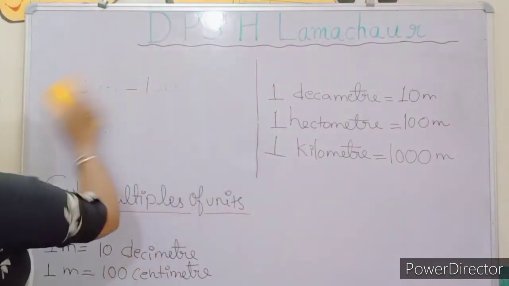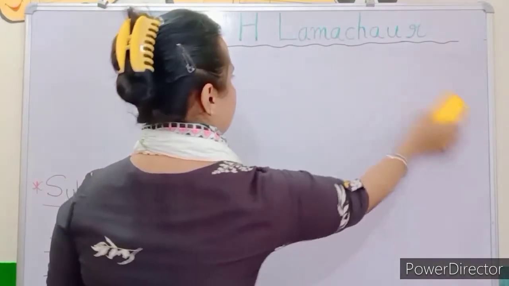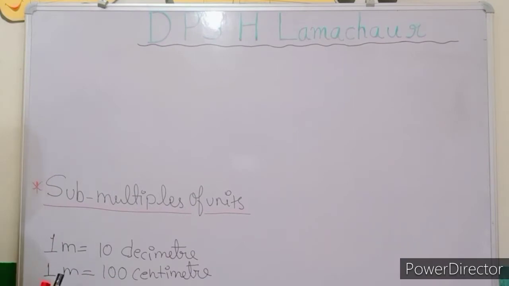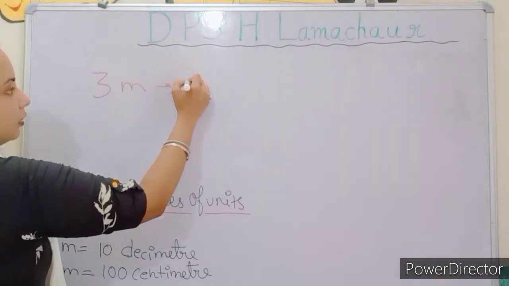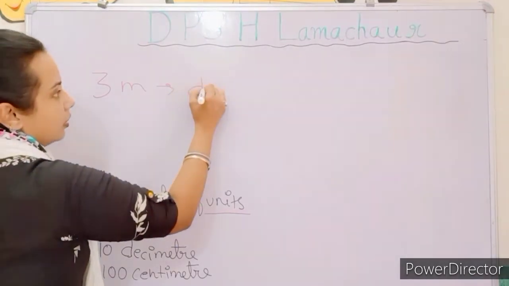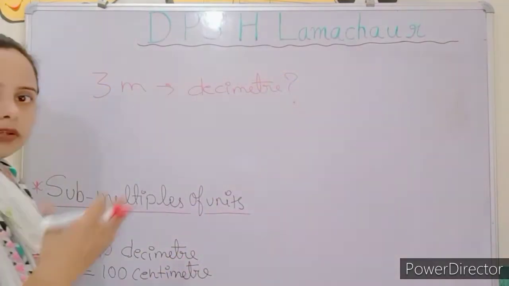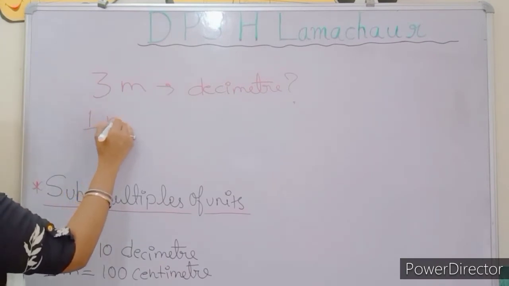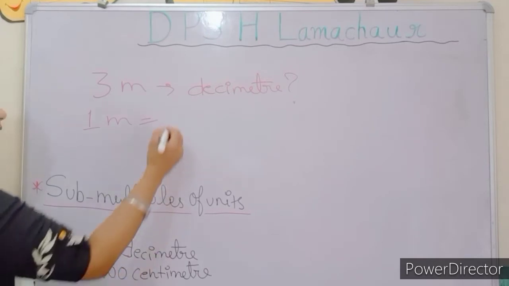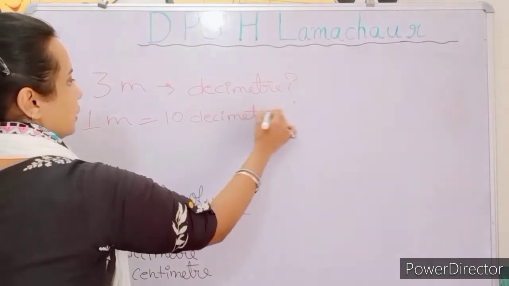If a question comes, for example, in 3 meters, how many decimeters? How will you work this out? You know that 1 meter equals 10 decimeters, right?